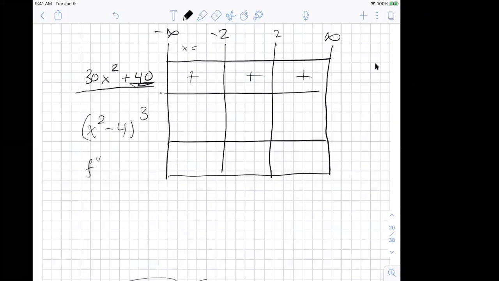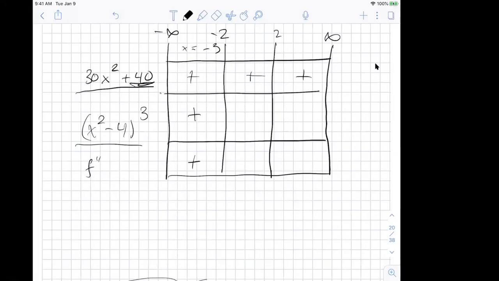Negative 3. Perfect. What sign does (x squared minus 4) to the third have at x equals negative 3? Which is really just going to be the same as the sign of x squared minus 4. Positive. Very good. So f double prime is positive on this interval.